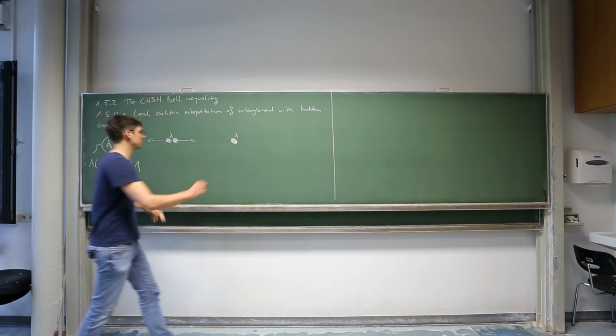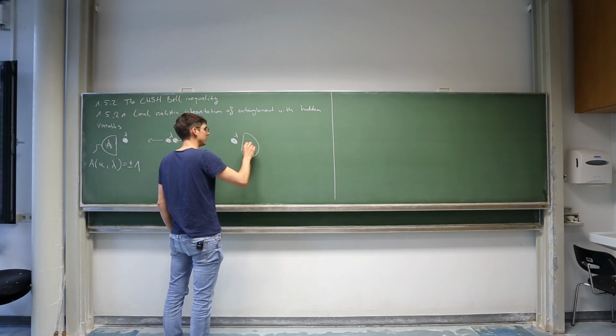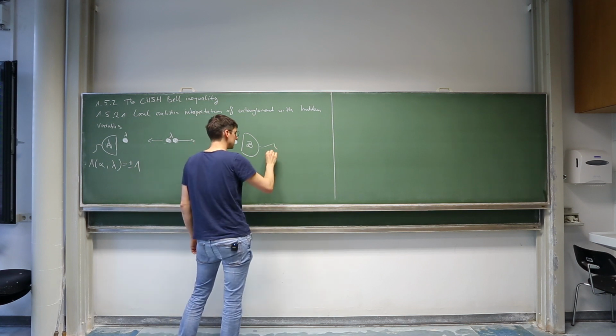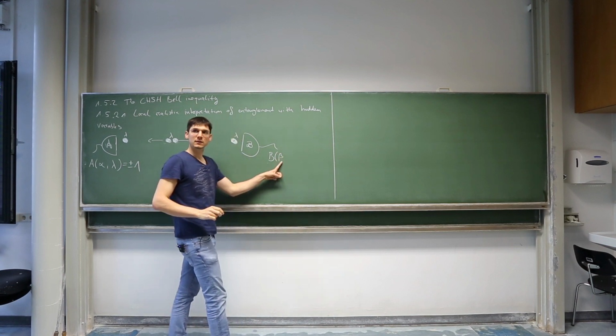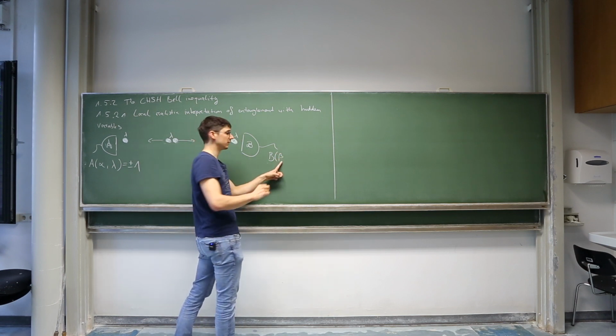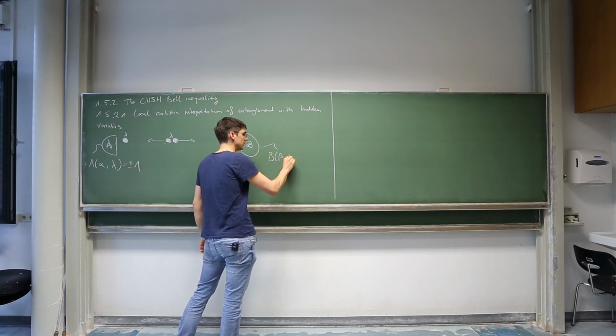The same thing holds on this side. We have the measurement apparatus B, and as an outcome I get capital B, which depends on the setting beta of the measurement apparatus and the hidden variables.